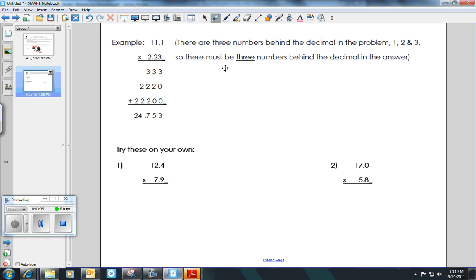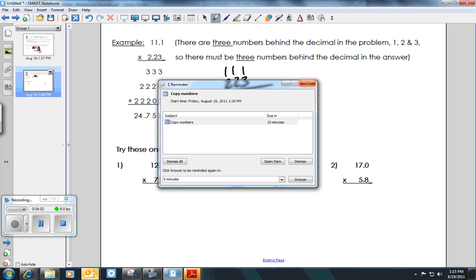So I'm going to pretend like my decimals aren't even there when I'm multiplying. Okay, and I'm going to go ahead and multiply everything out. And then I'm going to put my decimals back in at the end. If you're writing them out without decimals to multiply, please make sure you go back and put that decimal in at the end.